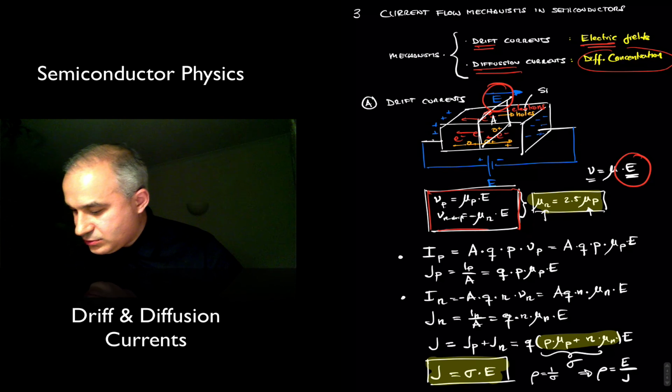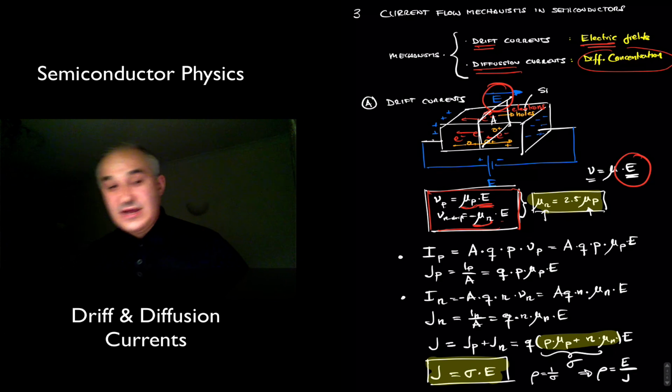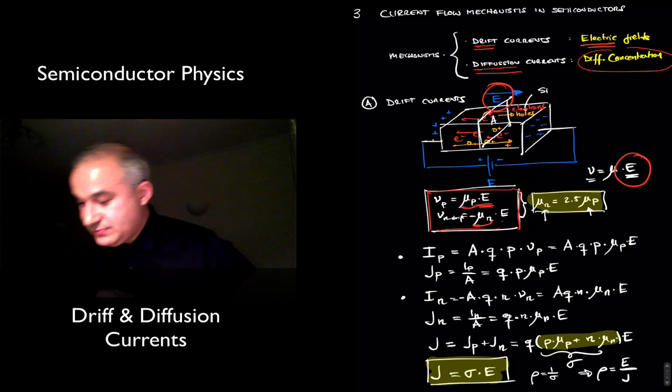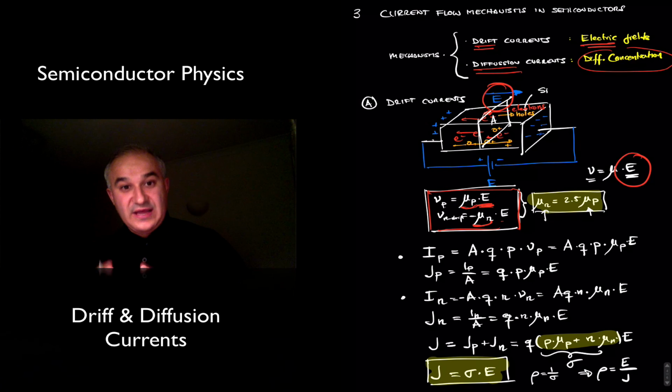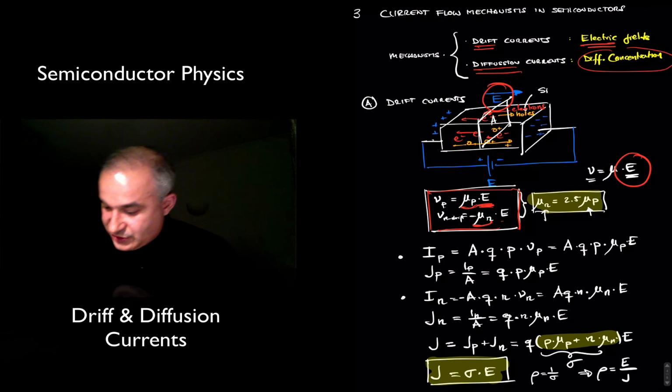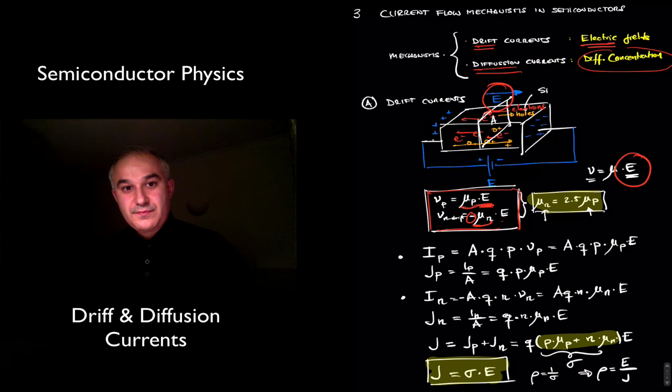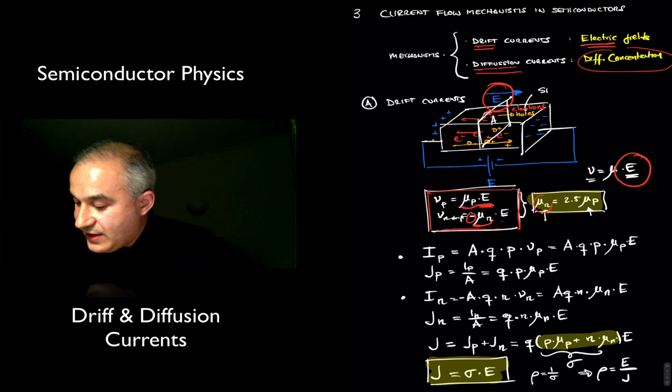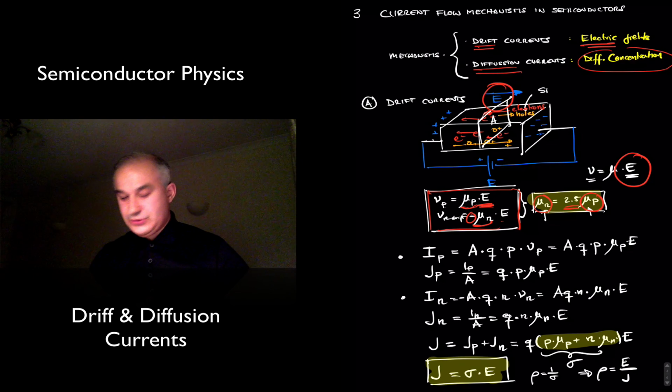It is proportional to the electric field, and then you have a mobility constant. In the case of holes, the velocity is in the same direction as the electric field. In the case of electrons, it is the opposite direction. That's where we have a minus sign. Which one moves faster? Free electrons move around 2.5 times faster than holes.